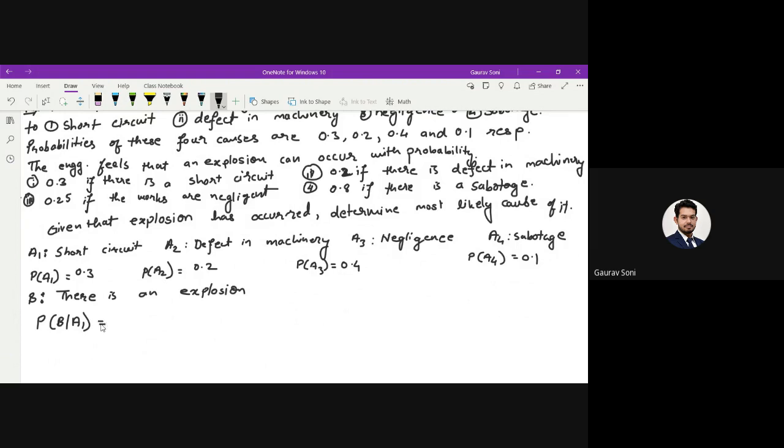That is 0.3. Probability of B when there is defect in machinery, as the engineers feel, is 0.2. B when E3 has occurred is 0.25, and probability of B when A4 has occurred.